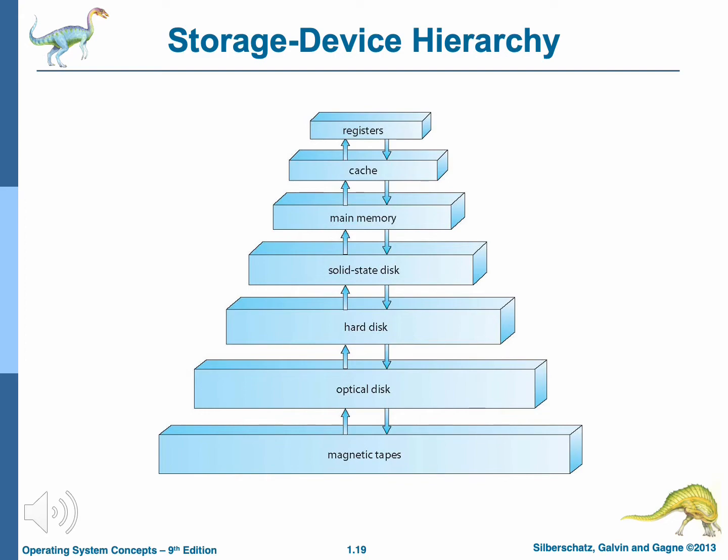This trade-off is reasonable. If a given storage system were both faster and less expensive than another, other properties being the same, then there would be no reason to use the slower, more expensive memory.